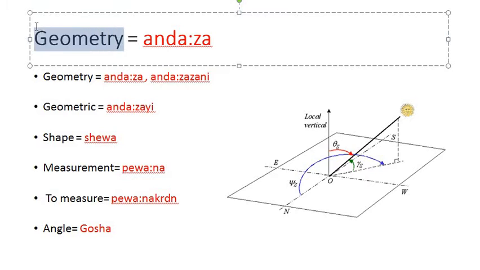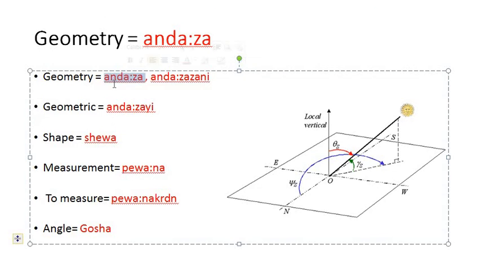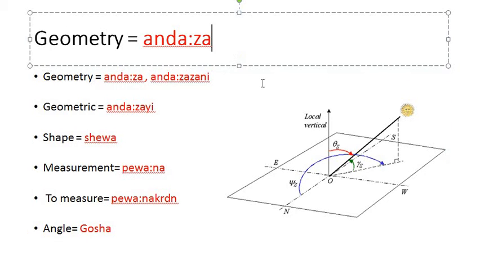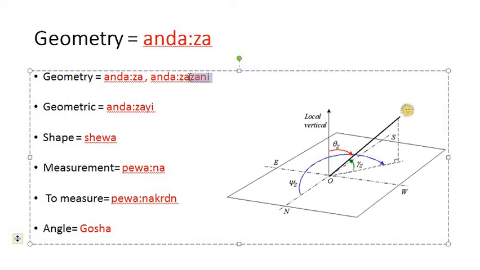Okay, so our first word is geometry. What is geometry in Kurdish? Geometry in Kurdish is andazazani. Actually, you can say andaza, or you can say andazazani, as you have it here. Zani is from a Kurdish verb called zanin, which means to learn.